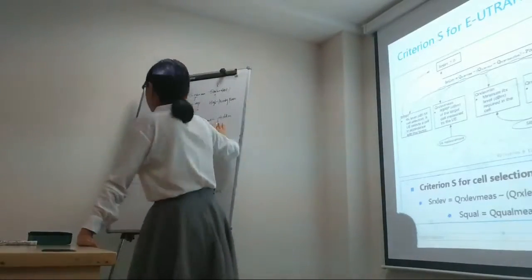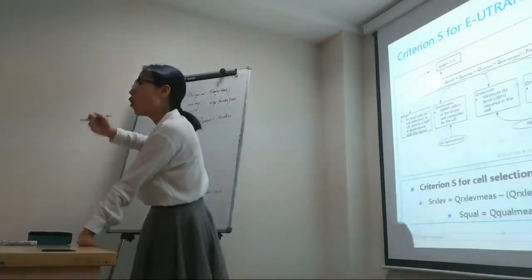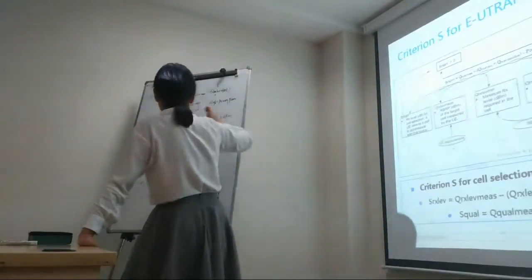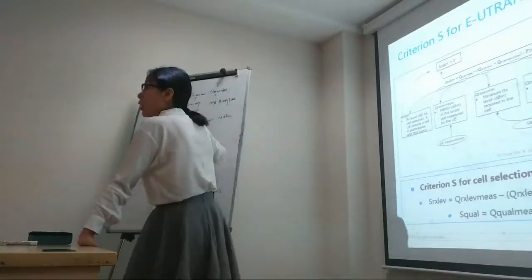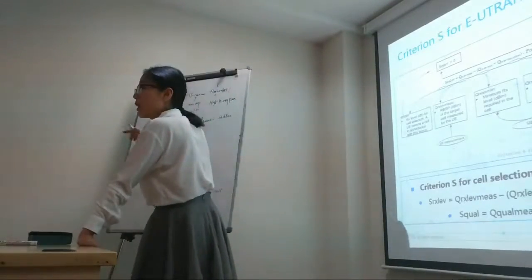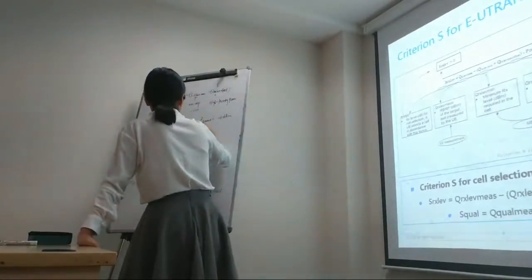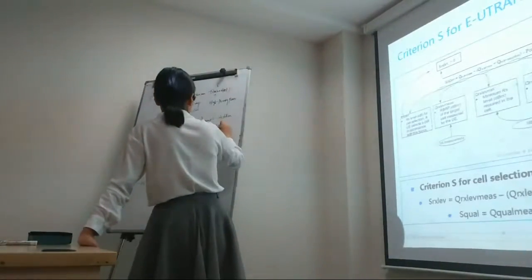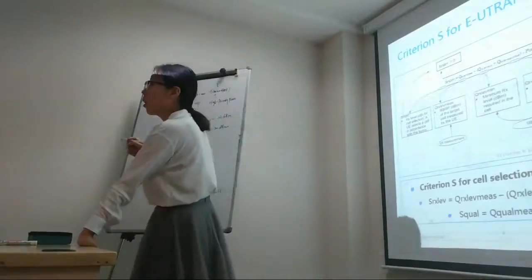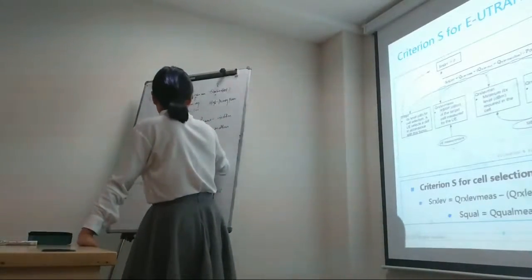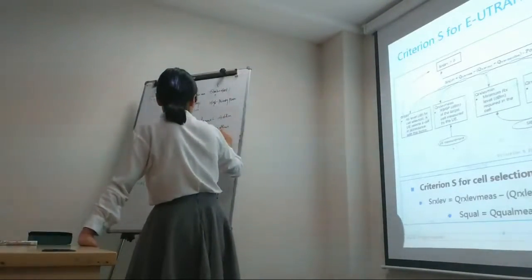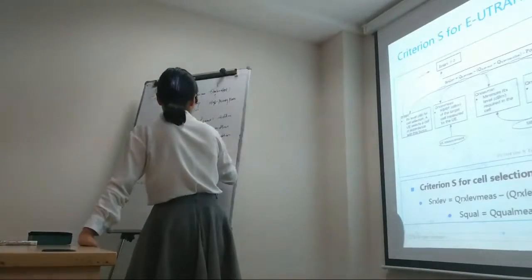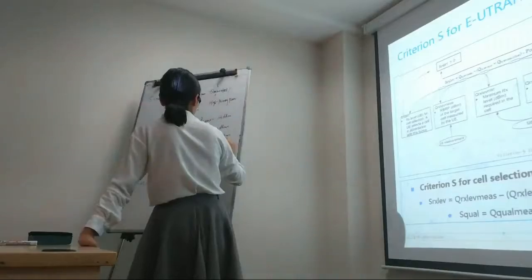For UE1, its capability is 20 dBm. For UE2, it's 23 dBm. For UE3, it's 25 dBm.